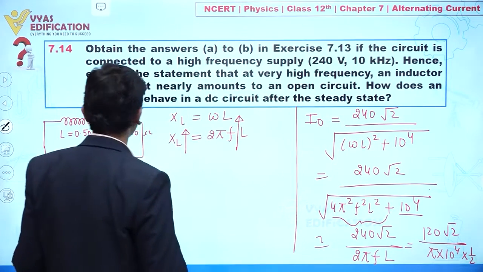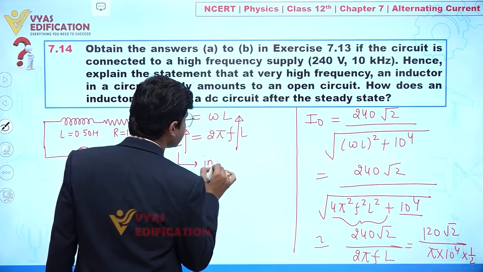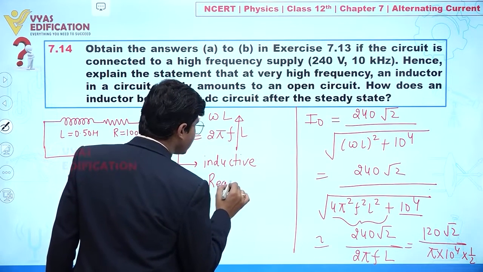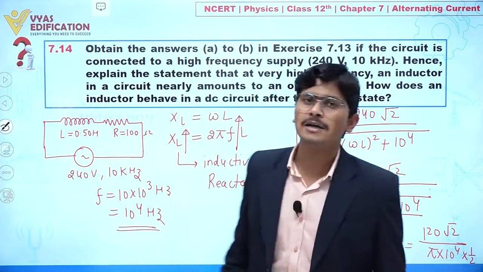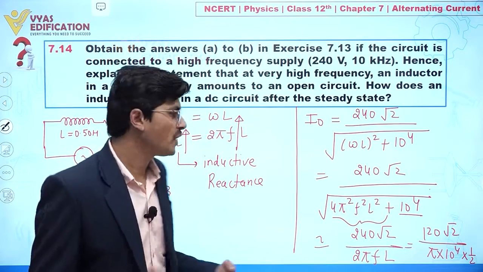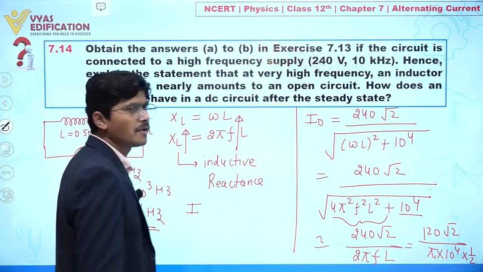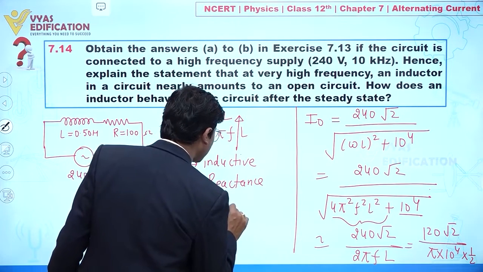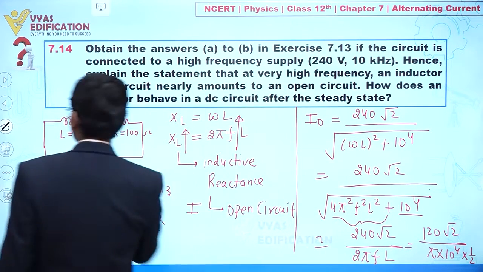This is the inductive reactance, so its value is very high, which means it will offer more resistance. When it offers more resistance, a very small current will flow, or we can treat this circuit as an open circuit. Clear to everyone? Open circuit, clear?